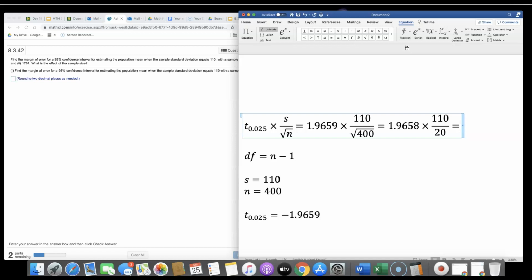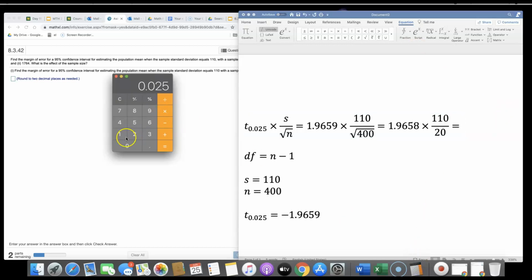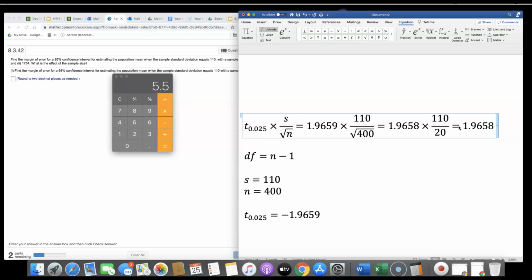Now let me just grab a calculator and type this in. We're about to find the margin of error. 110 divided by 20 is equal to 5.5. So I just need to do this number times 5.5, and that is going to be our margin of error.